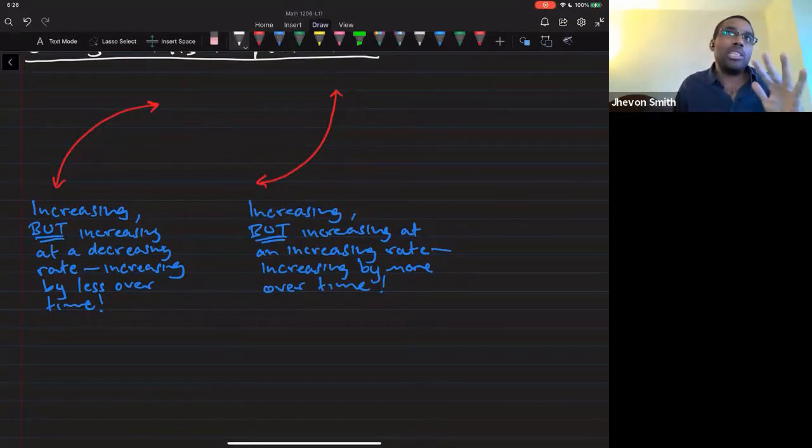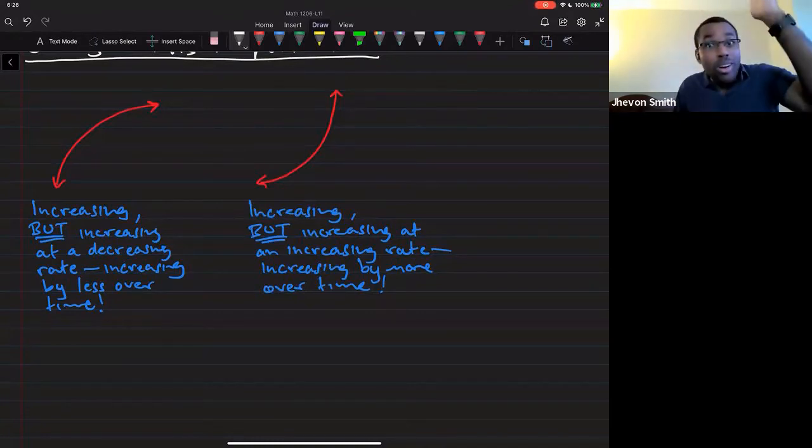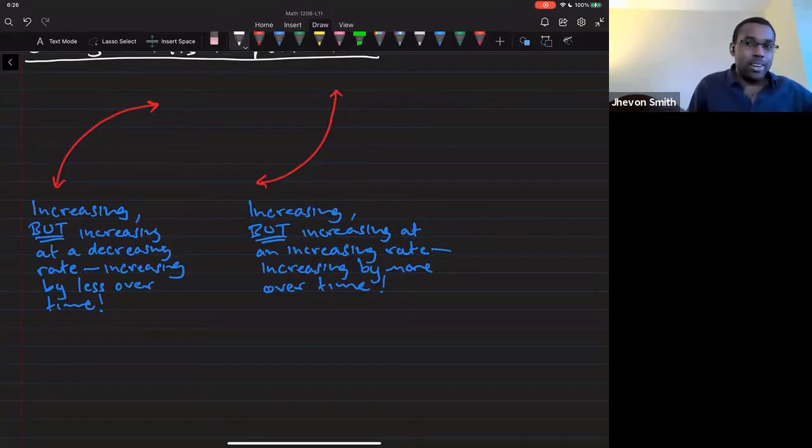So it's not always good enough to just know, oh, it's getting more or it's getting less. Sometimes you want to know, well, how is it getting more? How is it getting less? Is it getting more by more, or is it getting more by less, right? That actually can matter a lot.